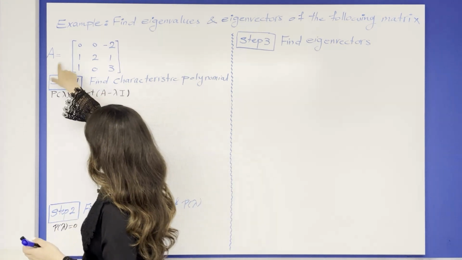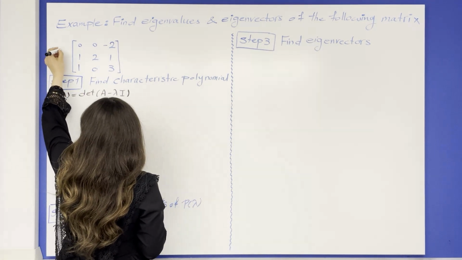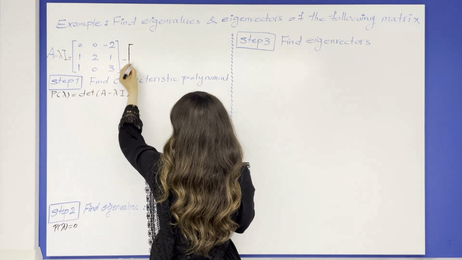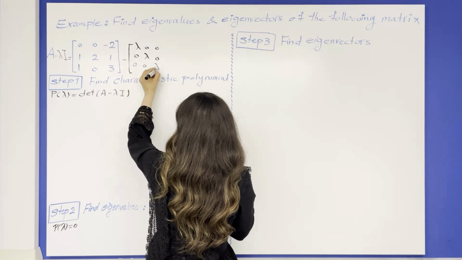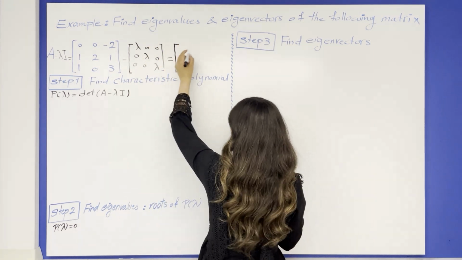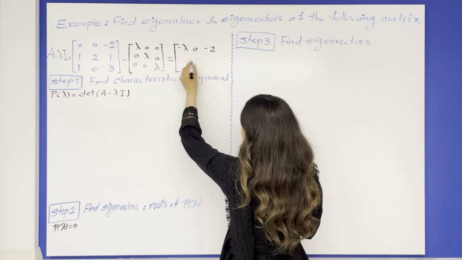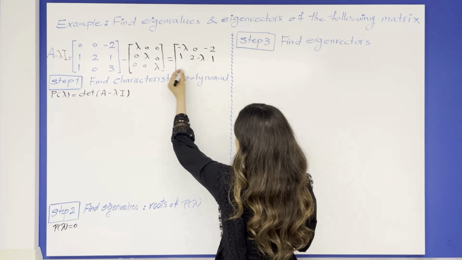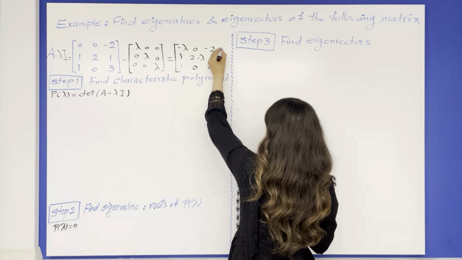If this is matrix A, then A minus lambda times identity is going to be this matrix: A minus the matrix with lambda, 0, 0, 0, lambda, 0, and 0, 0, lambda, which is going to be the matrix negative lambda, 0, negative 2, then 1, 2 minus lambda, 1, and the last row is going to be 1, 0, 3 minus lambda.